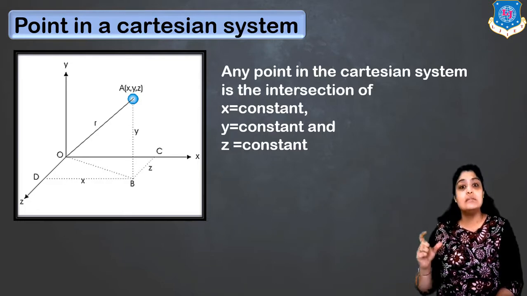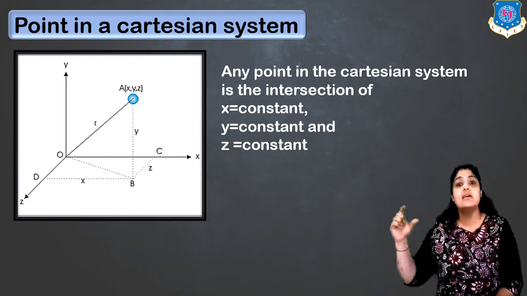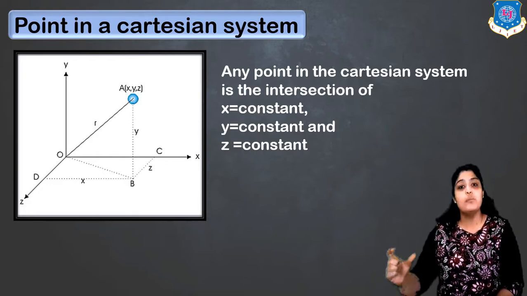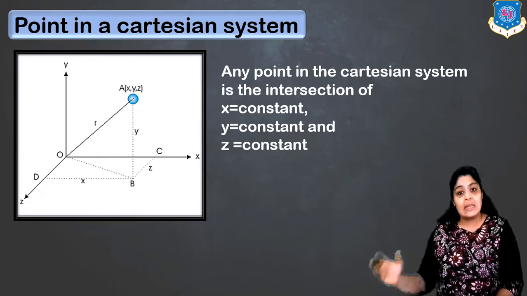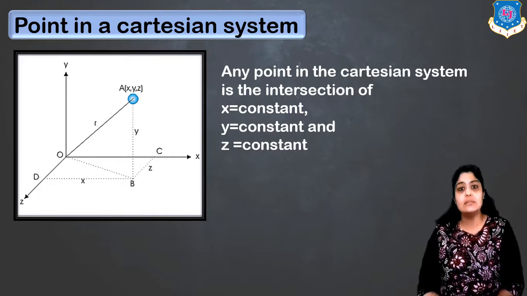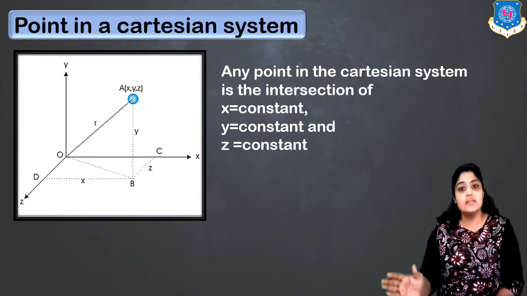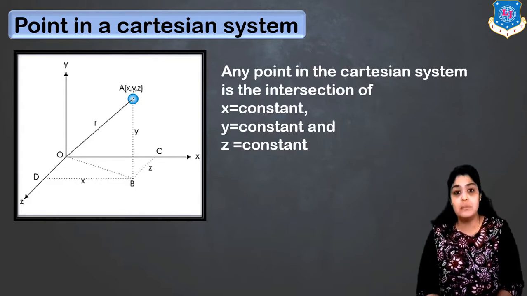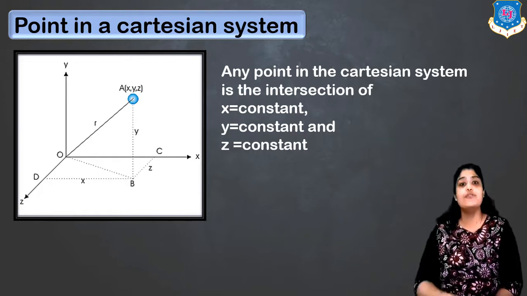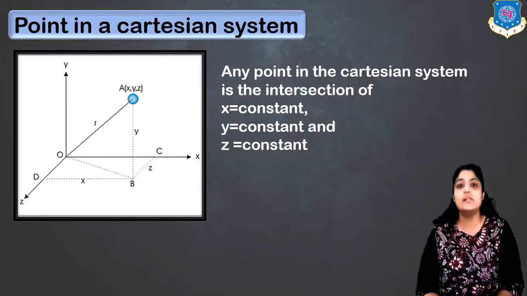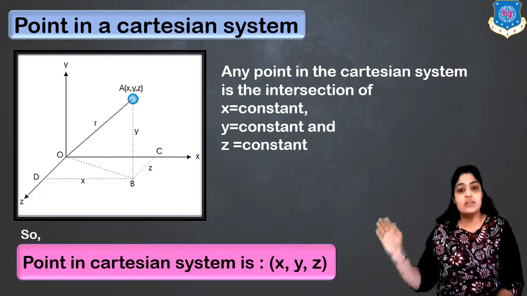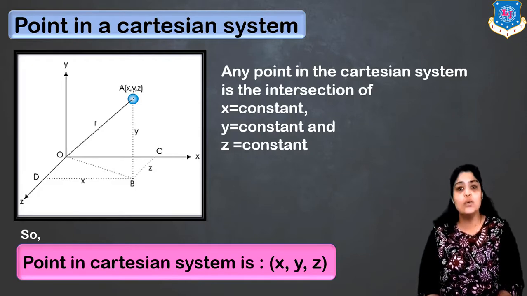Y coordinate is the distance of the point from the y axis, and z coordinate is the distance of the point from the z axis. So any point in the Cartesian coordinate system is the intersection of x equals constant, a constant y plane and a constant z plane. The intersection of all three gives us a point, which is represented in a Cartesian coordinate system as x, y, z.